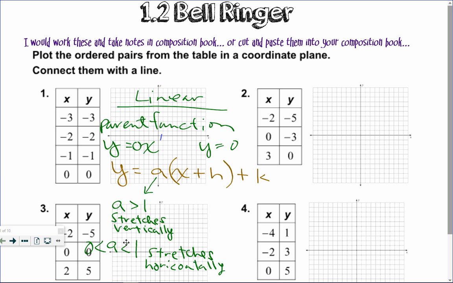Let me do this. The h inside, and notice I included the plus, because you got to know what the sign is in front of the h. This is going to do what? Left or right, in the opposite direction.